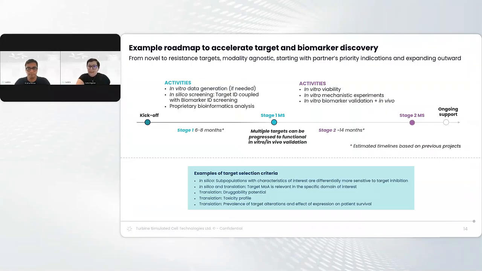This slide is showing how we are actually building these target data packages and how we are utilizing our virtual lab capabilities to assemble all this data and all this information. So at the kickoff stage, we are defining the very specific research question that we would aim to answer using our virtual lab capabilities.